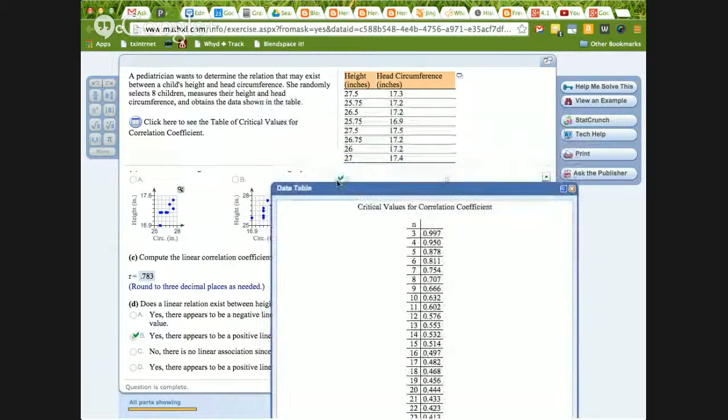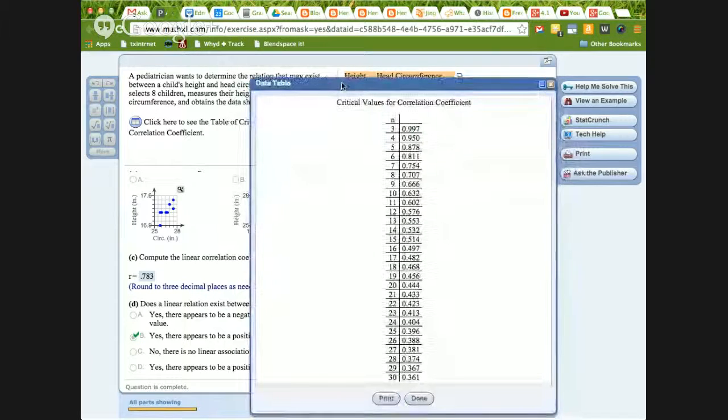For our data set, we have 8 children, so there are 8 rows. So this means that whatever R we have, its absolute value has to be bigger than 0.707. And because our R is 0.783, our correlation is strong enough to warrant us calling this an actual linear correlation.